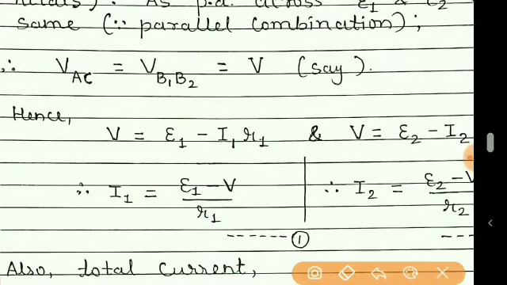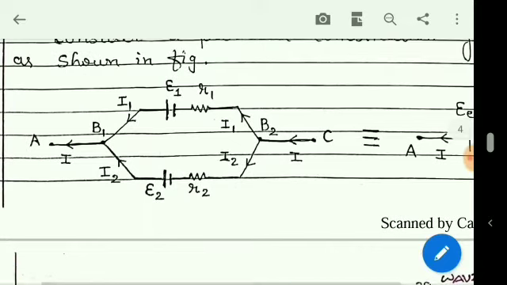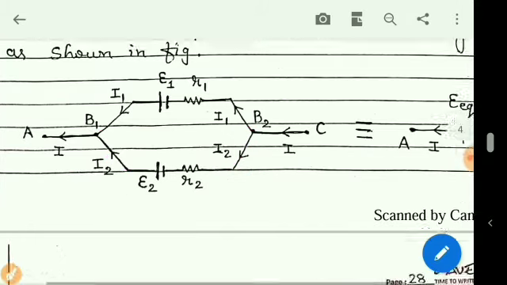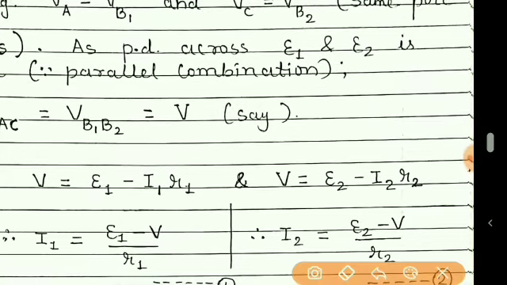Writing that, we get V is equal to epsilon 1, which is positive, and I1 R1 negative. Again, the potential across these two points is the same in parallel connection, and so moving from here to here, we can write V is equal to epsilon 2 minus I2 R2, same as this.